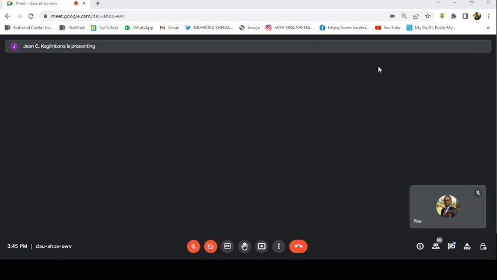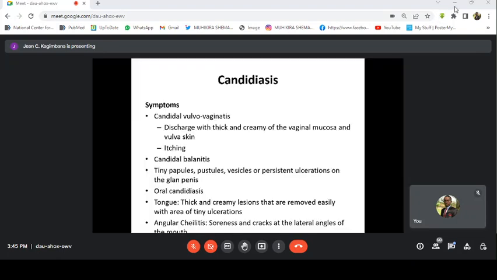In adults, of course, it may be an STI, a sexually transmitted infection. In females in pregnancy, yes, it's common because the immunity has changed. Most of the female patients may have genital candidiasis. I have seen many cases.